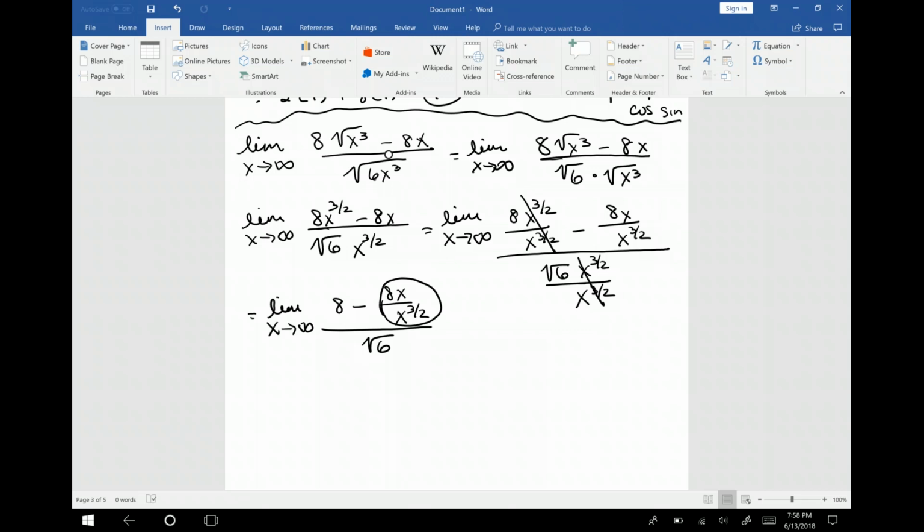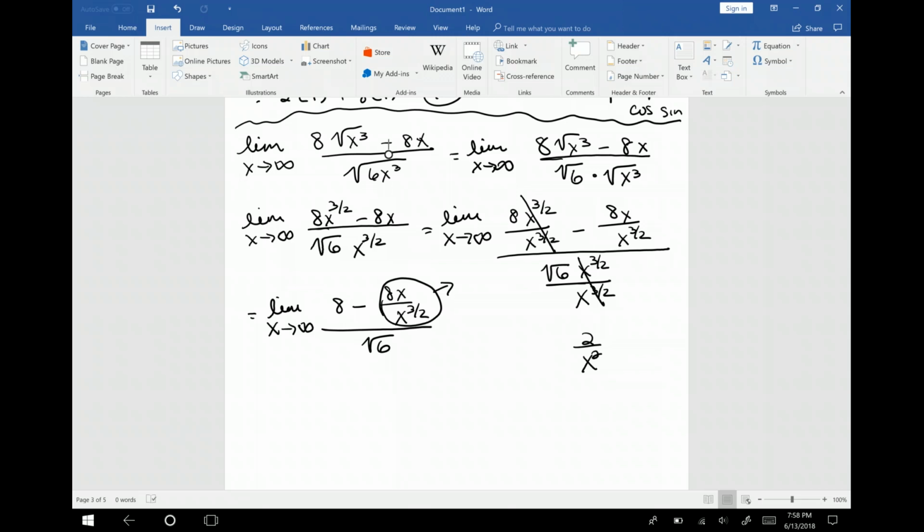As we make x get really, really big, we have 8 times x in the numerator, and we have x to the 3 halves power in the denominator. So the denominator is bigger because it's 1.5. The numerator was 8x to the first power. The denominator is something bigger. So just like before where we had 2 over x squared or 2 over x, that denominator is bigger. So what is that part going to, that 8x over x to the 3 halves?